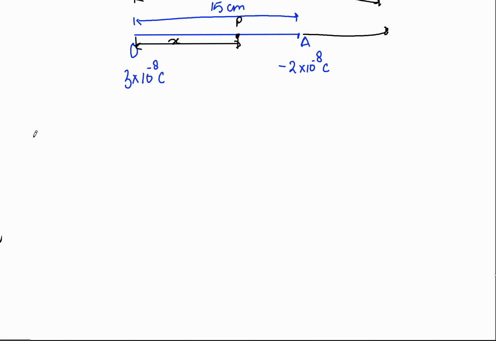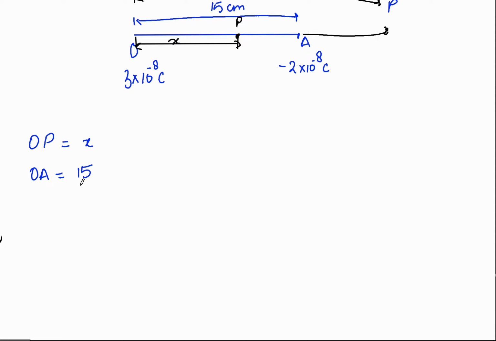Now let's say the point is at infinity, that OP point is at infinity. Now it is over here. So OP is x and OA, we already know how much is OA. OA is 15.